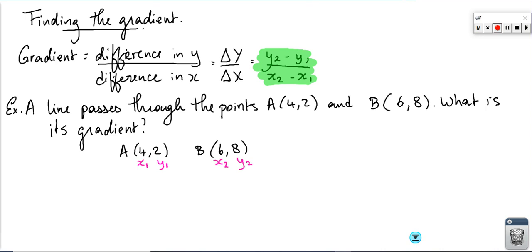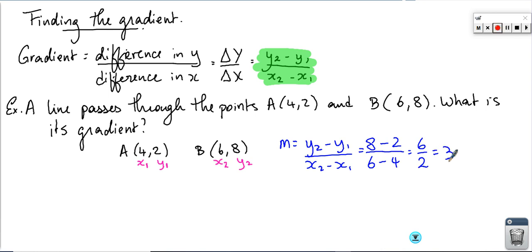So the gradient, remember m is the symbol for gradient, is y2 minus y1 on x2 minus x1. Now substituting values, y2 is 8, y1 is 2, x2 is 6, x1 is 4. So I have 6 divided by 2, that's a gradient of 3. It is a positive gradient.